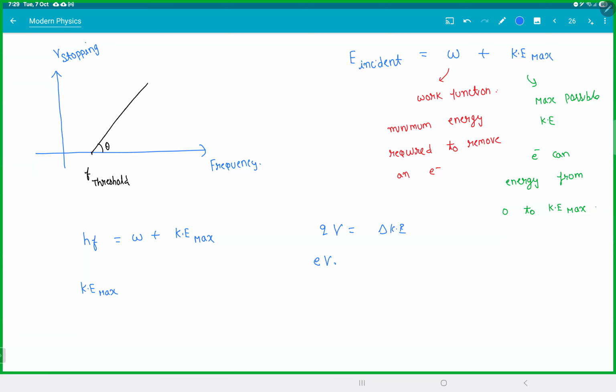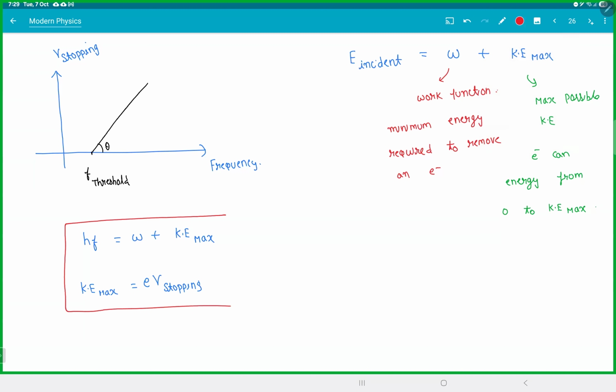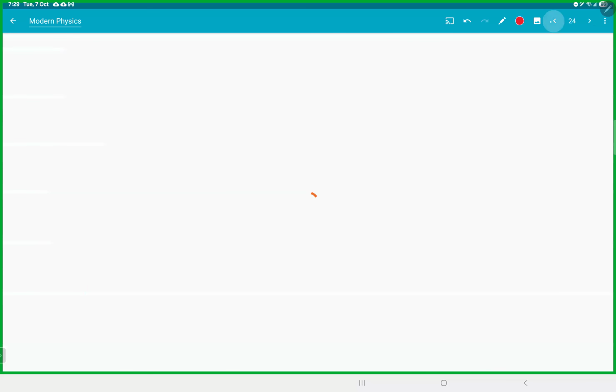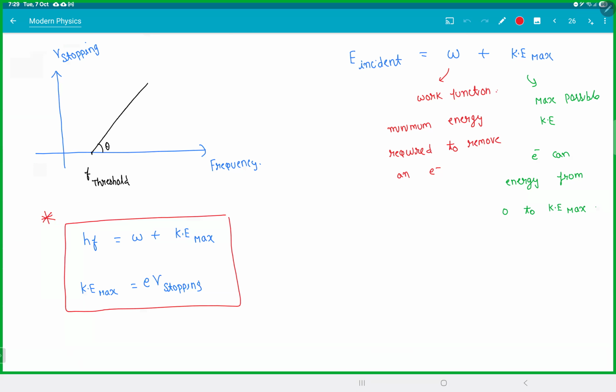So e times V stopping potential must be the kinetic energy. It just comes from your basic formula: KE max equals e times V stopping potential. These are the two important formulas in the photoelectric effect. So in the photoelectric effect, the two graphs, saturation current versus voltage and V stopping versus frequency, are the important ones.